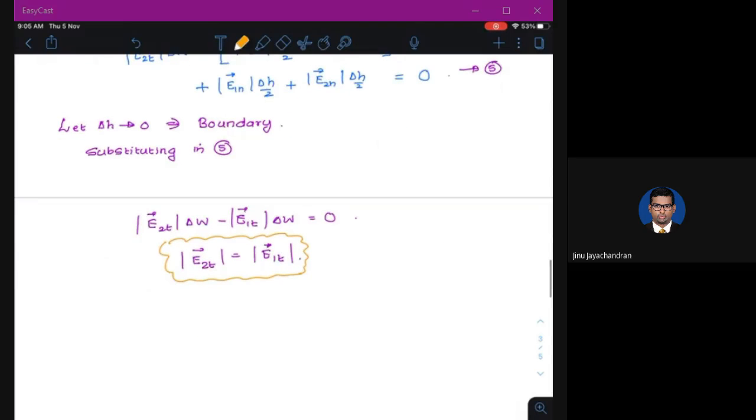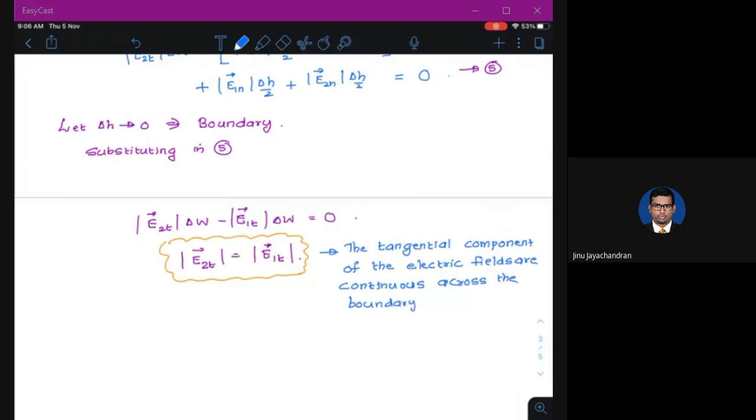Okay. What does it mean? The tangential component of the electric fields is continuous across the boundary.